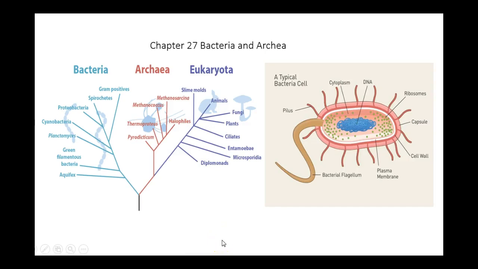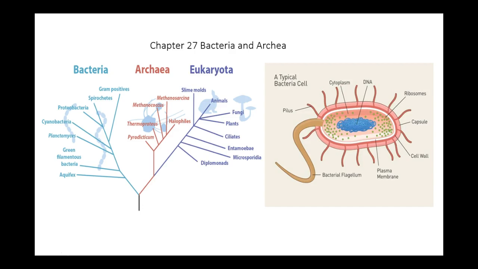We will move on to chapter 27, which is about bacteria and archaea. These are two other branches of the three main domains, the third being the eukaryotic cells, or eukaryota.